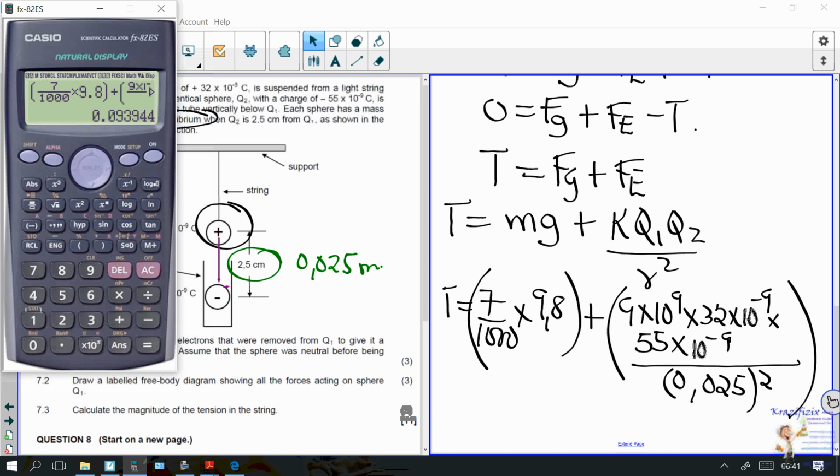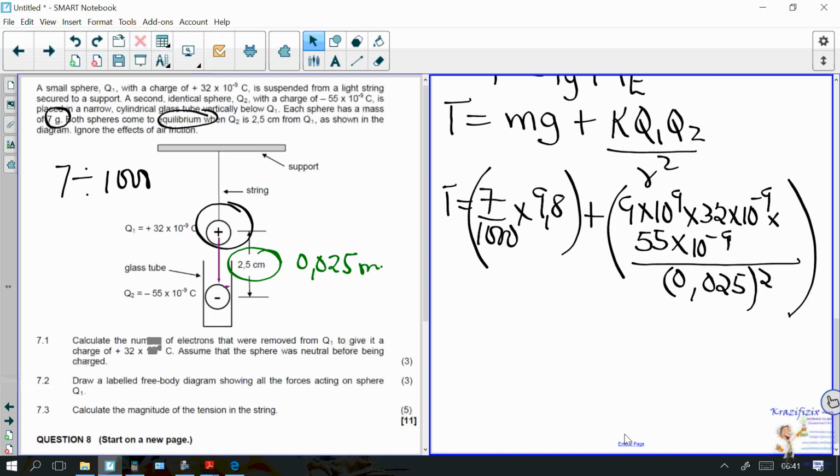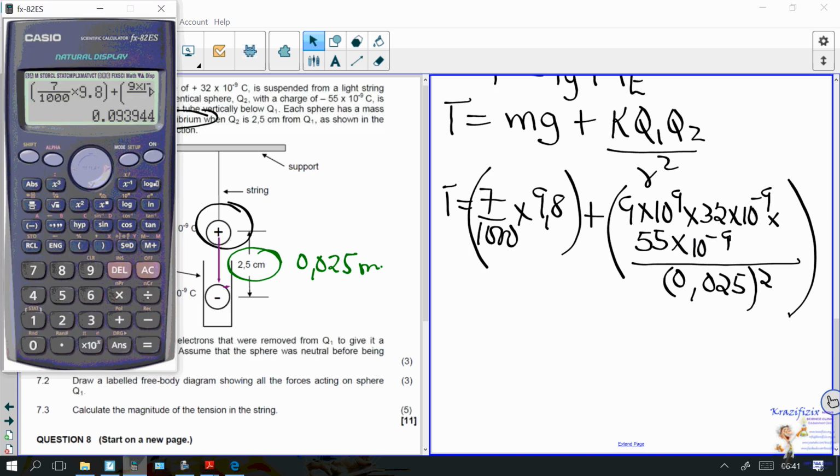The value of our tension. So let's quickly write that down. Okay, I hope we did all our computing correctly. All right, so 0,0939, which is 0,094.